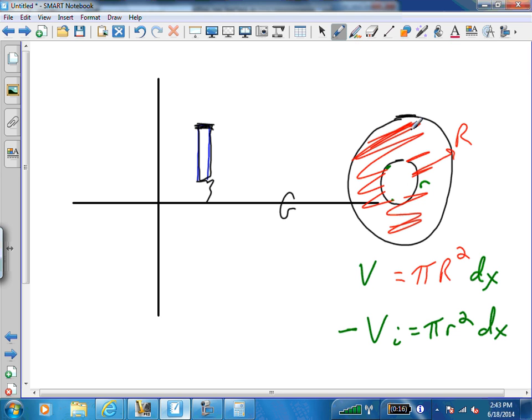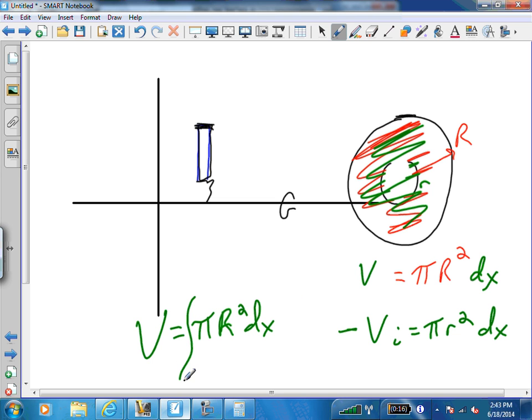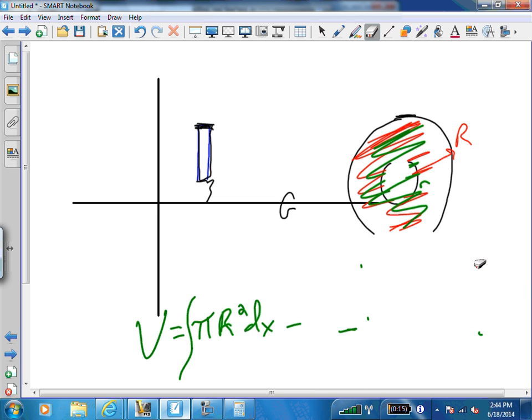If we take that whole volume and subtract the hole out of it, the remaining volume is the integral of pi r squared dx, minus the inner volume, pi little r squared dx.